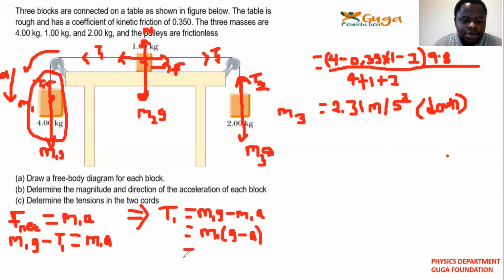So what is your M1? Your M1 is 4, right? Into your G, which is 9.8, minus your acceleration of 2.31.